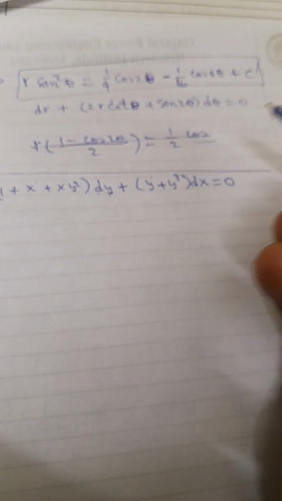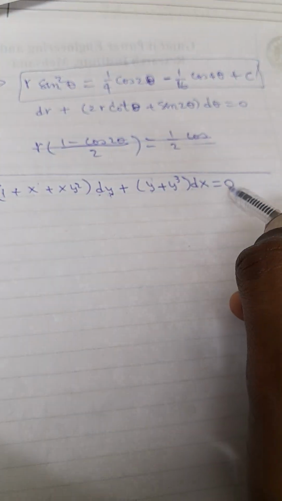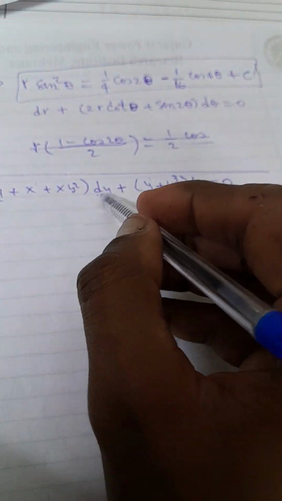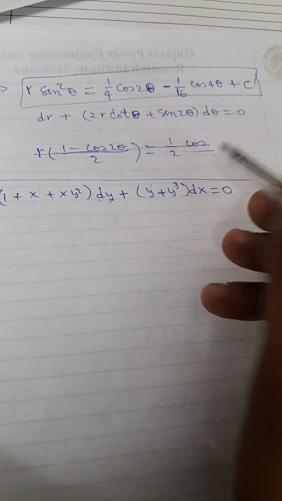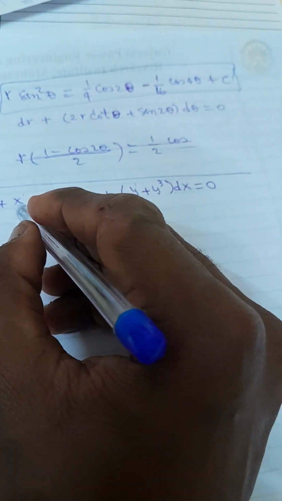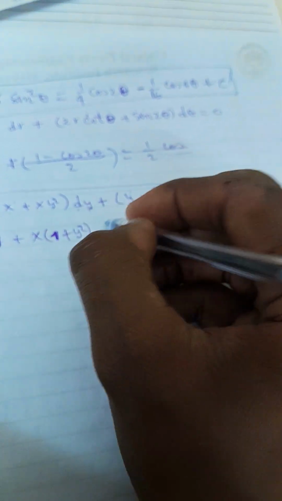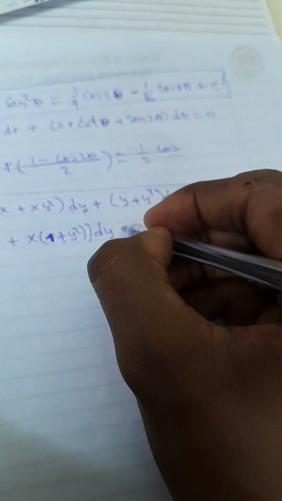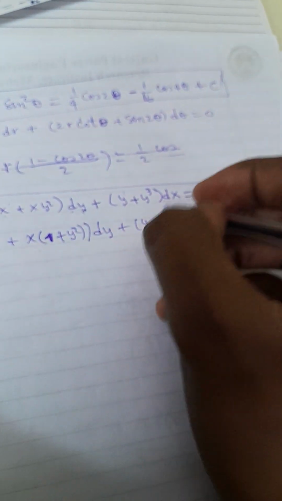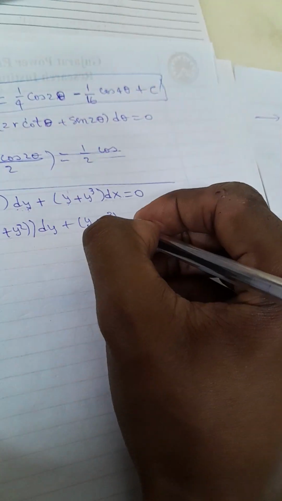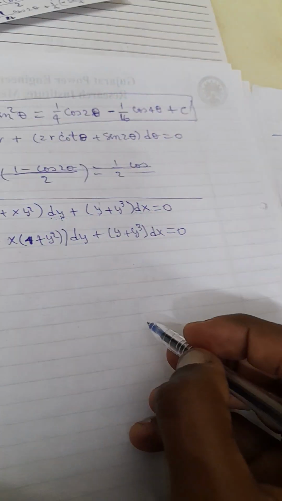So what you have to do next is divide it all by dy, because x is common here, and you can just take x common, just like this: 1 plus y square, okay, and here dy plus y cube dx equal to 0.